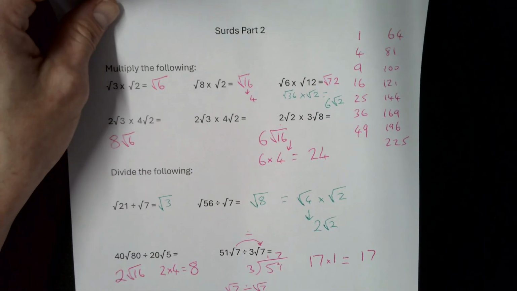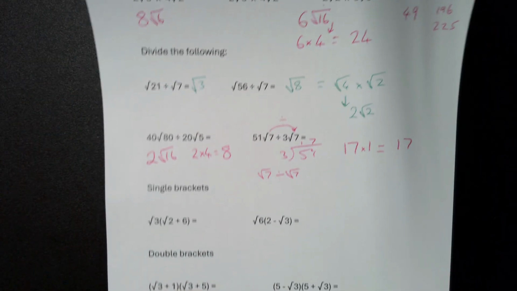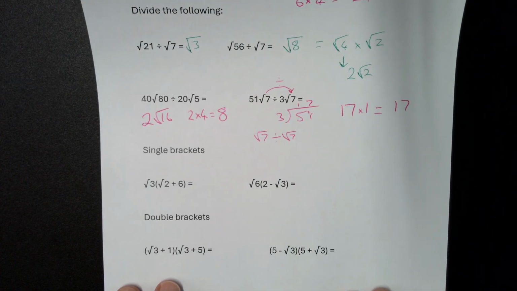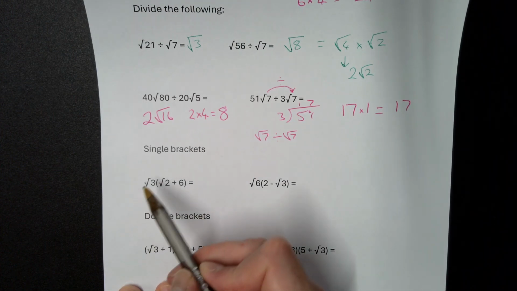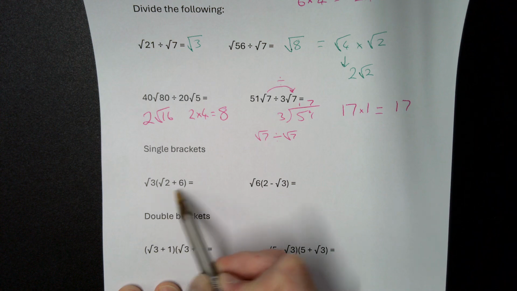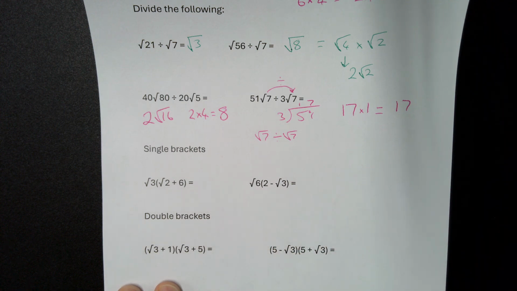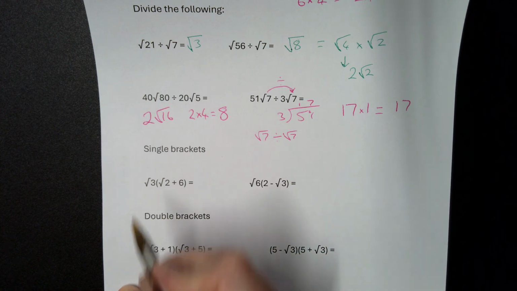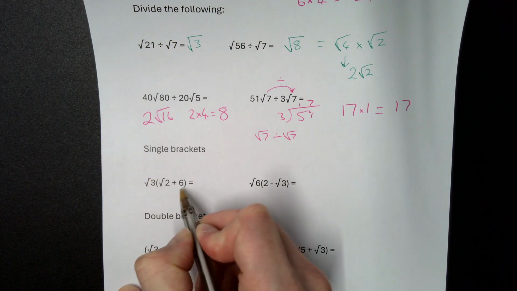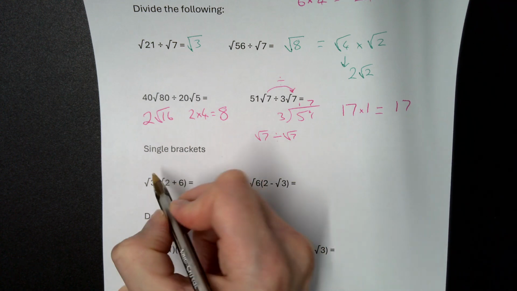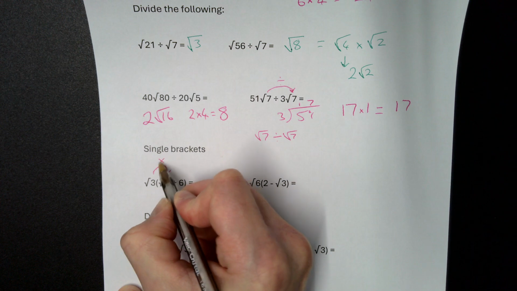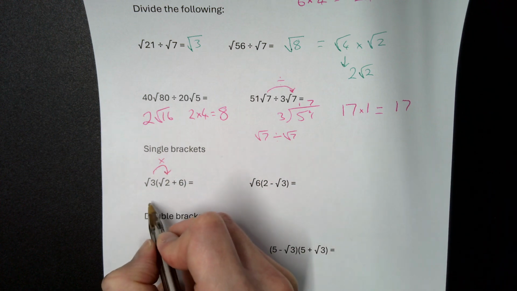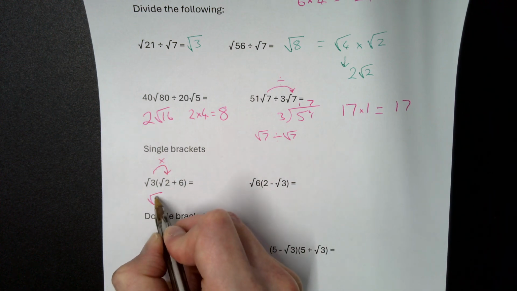Now, onto the slightly harder ones. You're going to have a single bracket. Okay? You've got a surd on the outside and then 2 terms on the inside with a surd. So we're going to say it's root 3 times the whole bracket. Root 3 times root 2 gives you root 6.